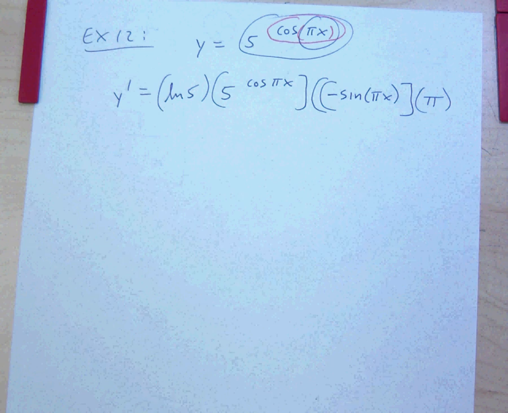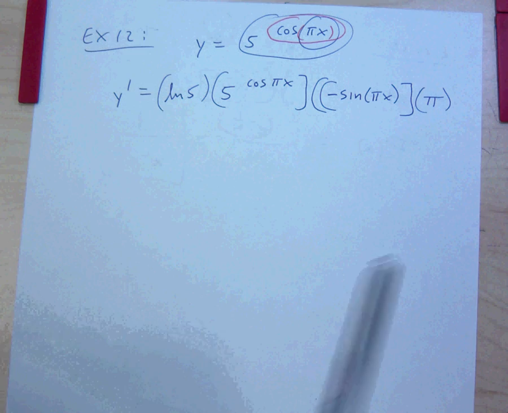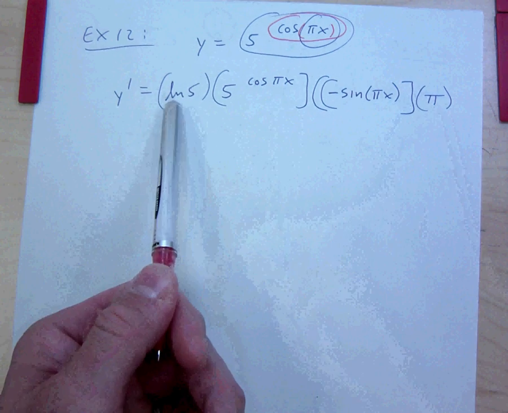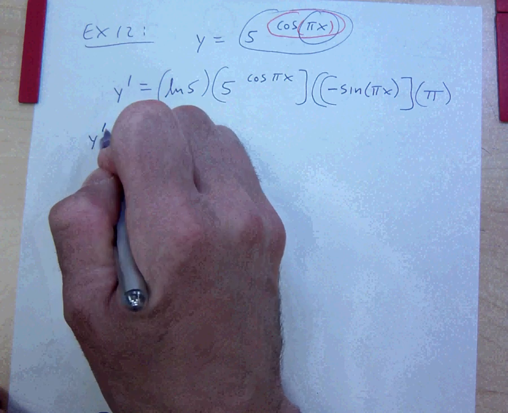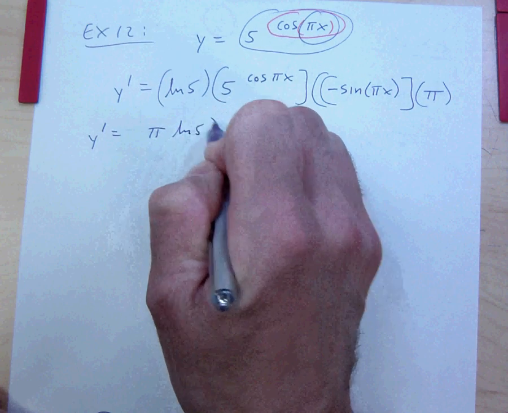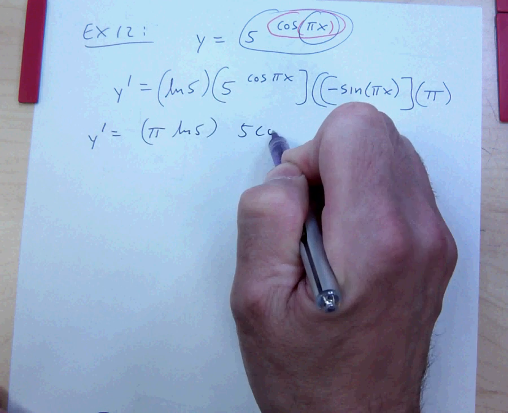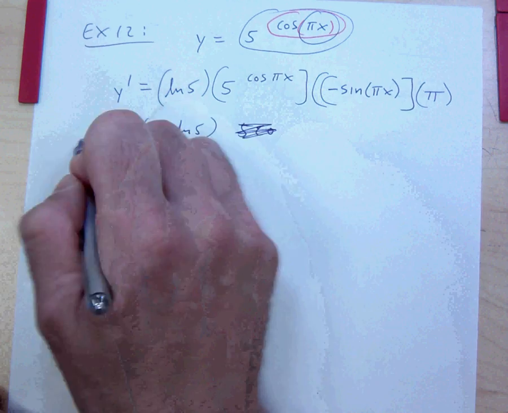Okay? And I'll be careful there. What I'm going to do is pull this pi out front with that, and I'm going to pull the negative out front as well. So I would probably just write the answer like this. Whoops, sorry. Let me just rewrite it.